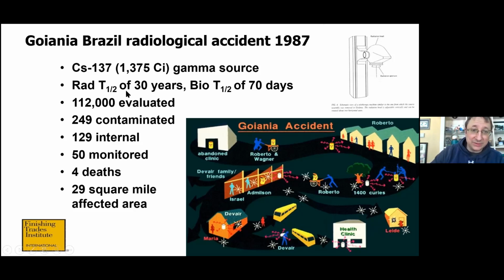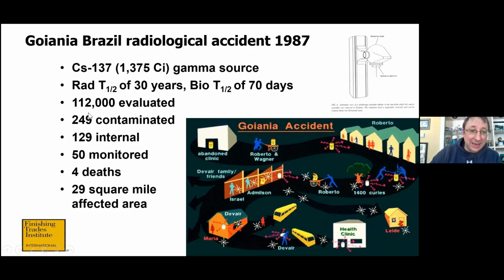So the combination of a fairly long, for our human existence, right, 30 years is a long time, half-life of 30 years and the biological elimination rate to get out of our body of 70 days, which is pretty long. This is troubling if this were to get inside of us. So what happened was they brought this back and showed folks in their town, showed their friends and family, tried to sell it.